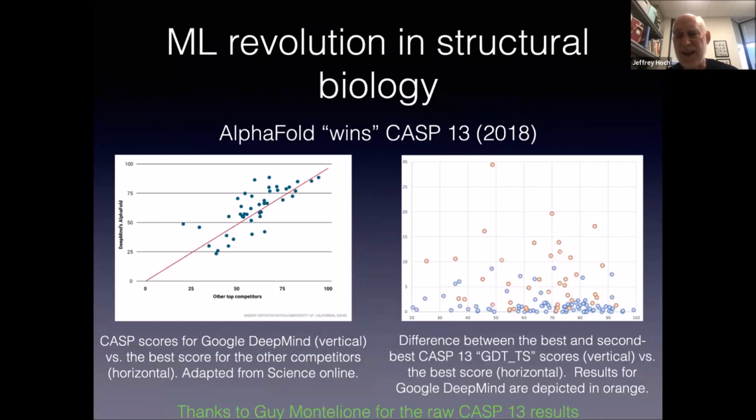And in all of the instances where the delta was very large, it was AlphaFold that was winning the day. And again, I want to thank Guy Monteleone for not only giving me access to the raw CASP results, but also helping me navigate that data.